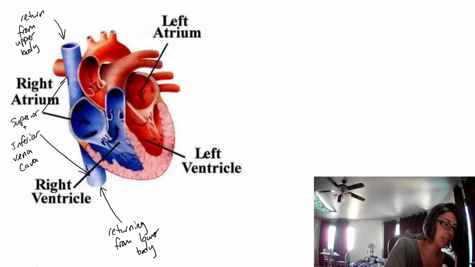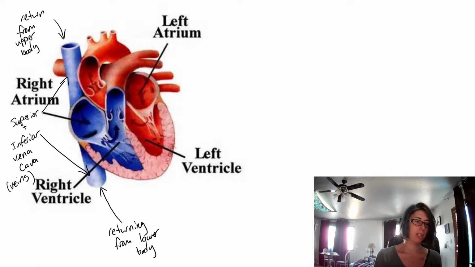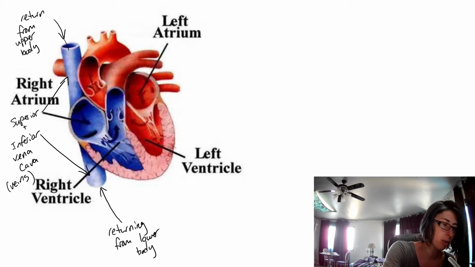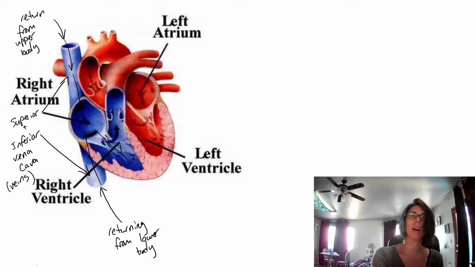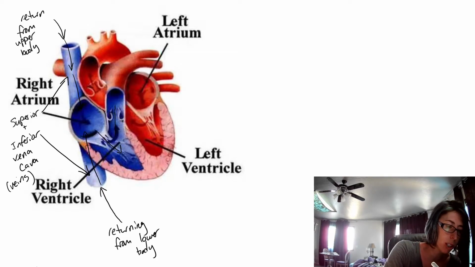These are veins because they're returning blood. So blood comes in from the systemic circuit, from the upper and lower body, through the inferior and superior vena cava, into the right atrium. Then it travels down into the right ventricle, and then the heart sends that blood to the lungs through the pulmonary trunk.